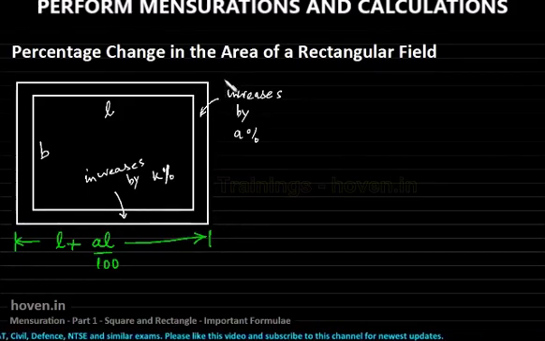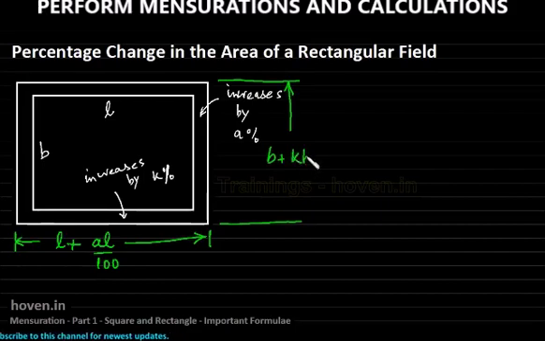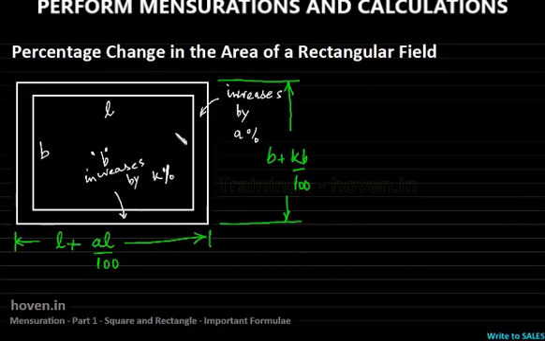This means the new breadth becomes B plus KB by 100. I will write B increases by k%, and here I will write L increases by A%.